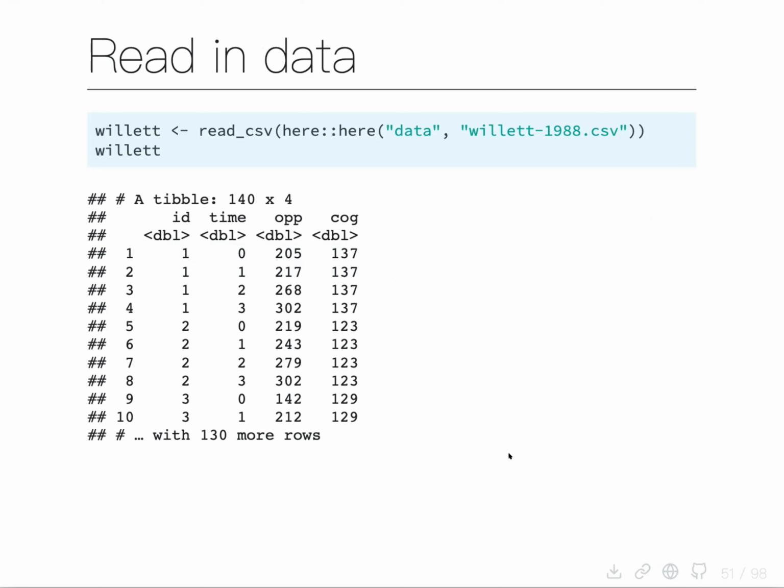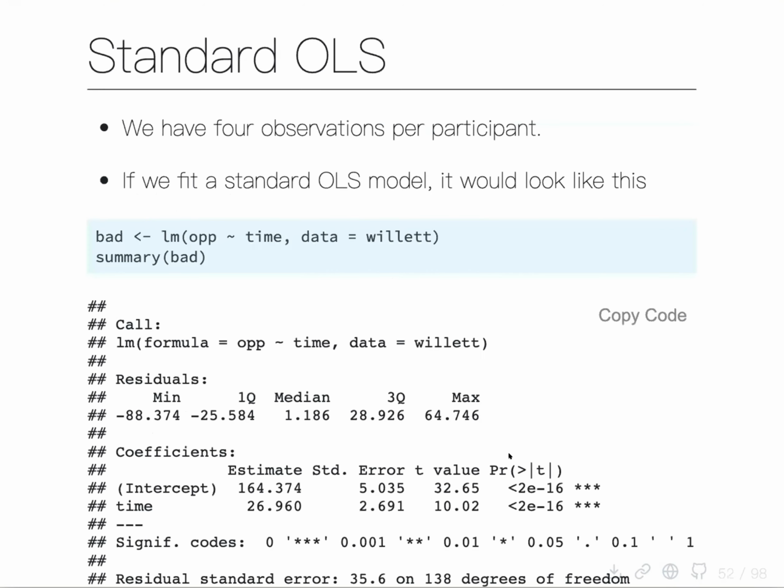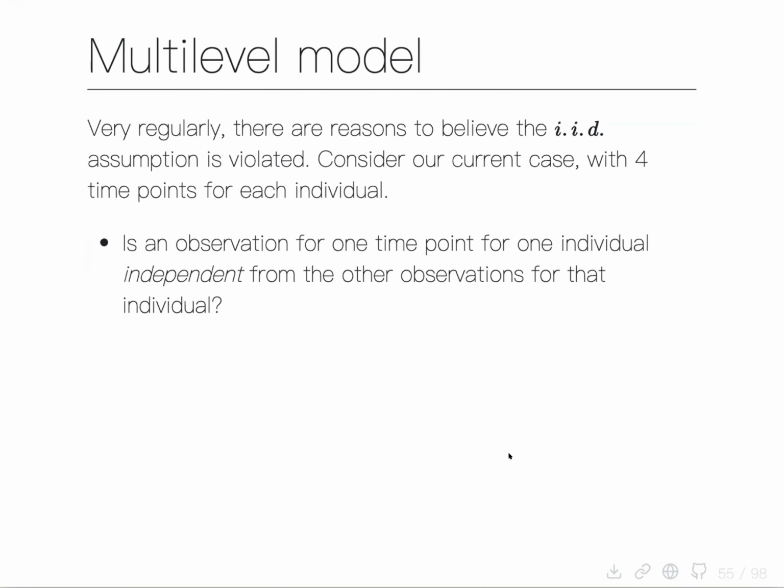It makes no sense that the errors would be independent. They're going to be correlated because it's the same student. So a multi-level model really helps solve this problem.